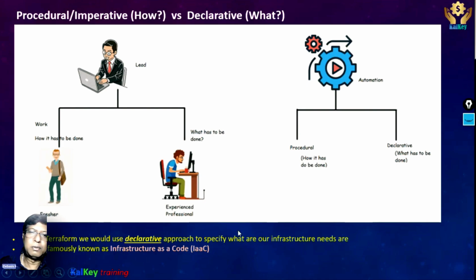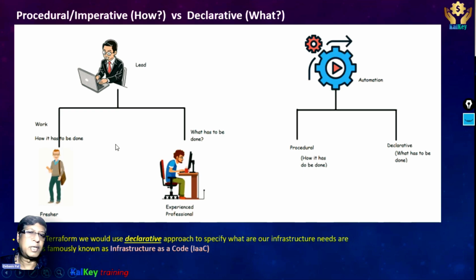This is not much of an important bit, but a developer who has newly joined, a fresher, is much concerned with asking questions. Most of his questions, 99%, to the tech lead or team lead will be how to do the work, how it has to be done.